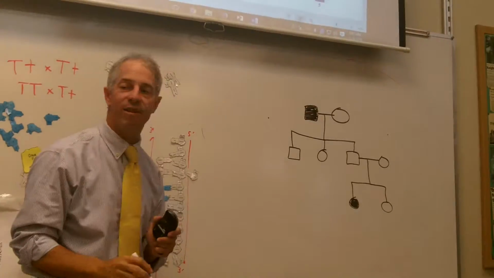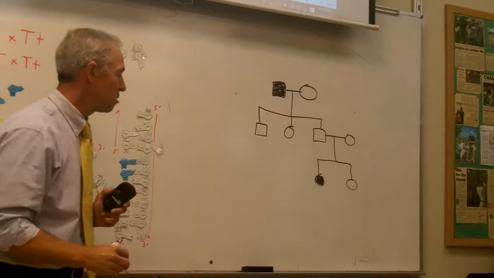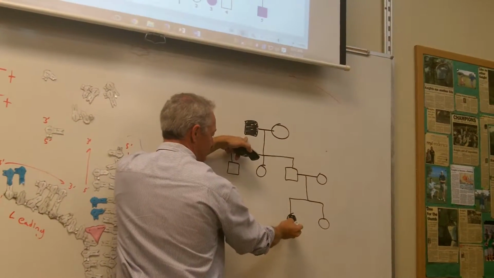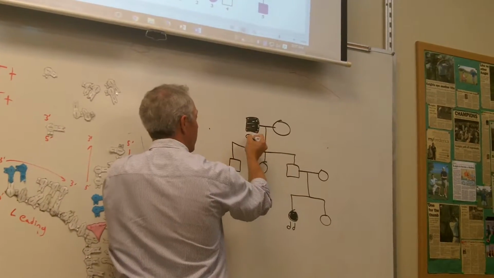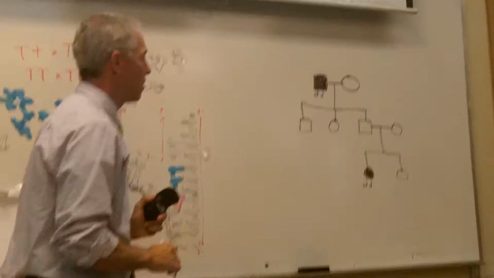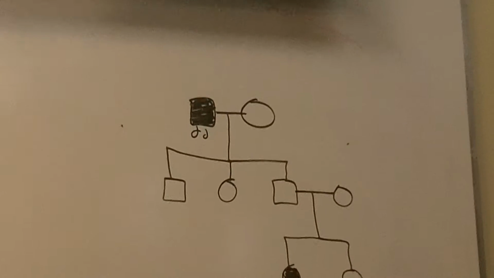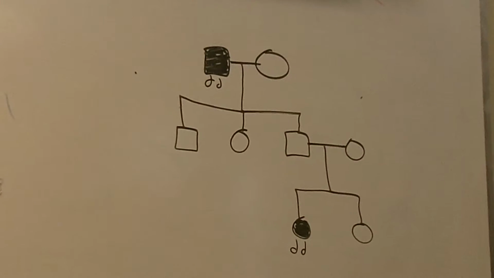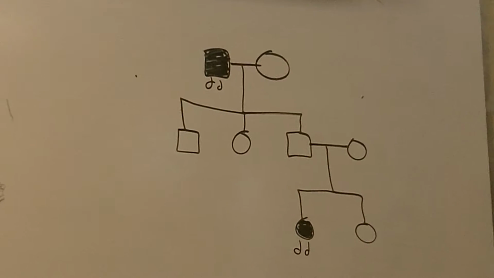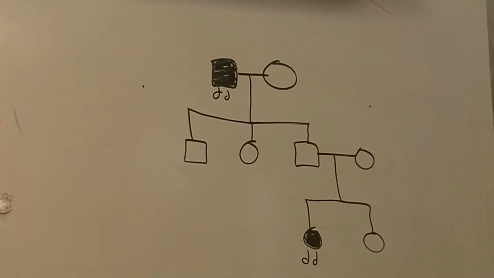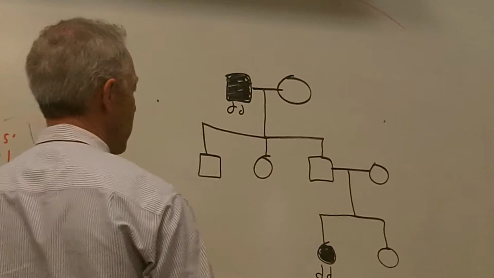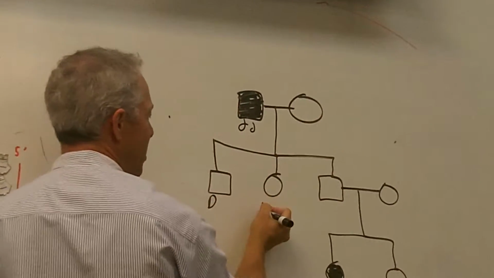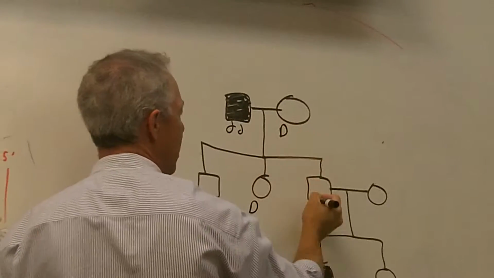Now we got to figure out what everything is. We know these are little d, because they tell us that in the problem. So far, so good? Stop me if you have a question about pedigrees. Now, what else? All the other ones have to have a big D. Every single one of them, because it's not colored in.